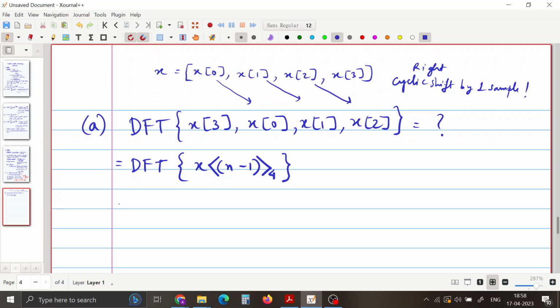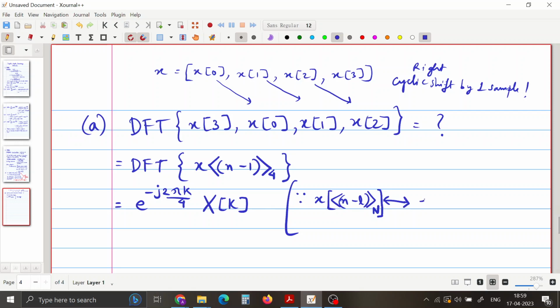So this will be e power minus j 2 pi k by 4 times cap X of k, because you recall this property: if we have a shift by, let's say, L samples, its DFT is e power minus j 2 pi k L by cap N times X of k.